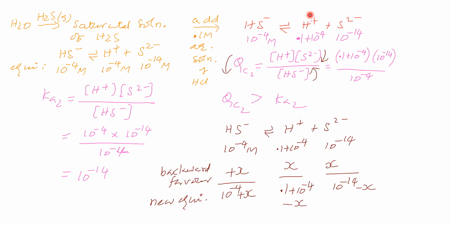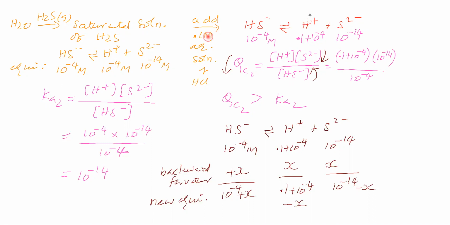So, due to the common ion effect, equilibrium concentrations also change. That means the position of equilibrium changes. What happens to the position of equilibrium due to the common ion effect? Here the position of equilibrium is this, that is 10 power minus 4 molar HS minus and 10 power minus 14 molar sulfide. It is the position of equilibrium.